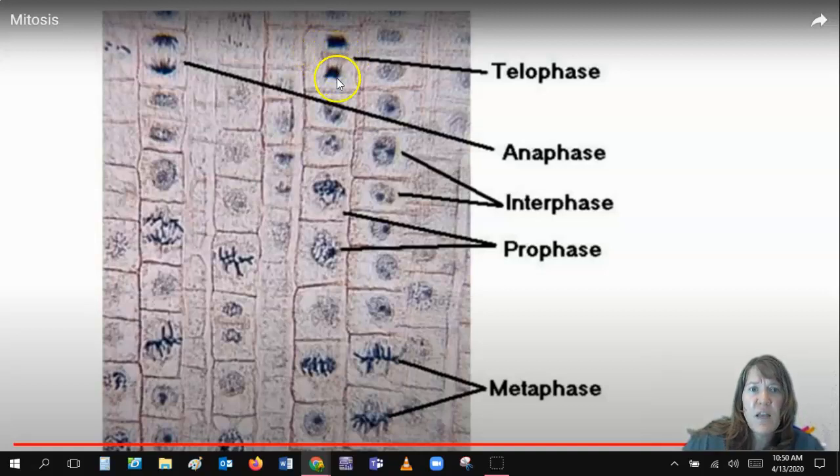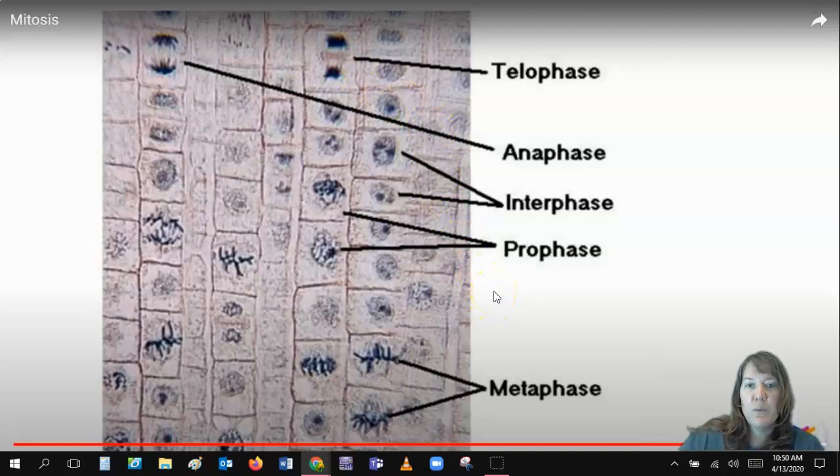So telophase, you have your chromosomes really pulled tightly to the poles, and then you have the membranes reforming around it. So you have a nuclear envelope forming, and then there will be the cleavage furrow, and the whole cell will actually divide. So those are really good examples.